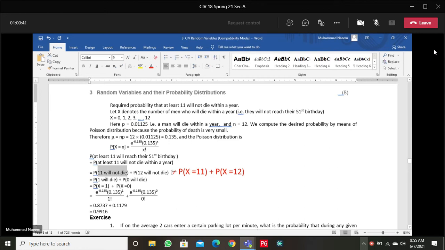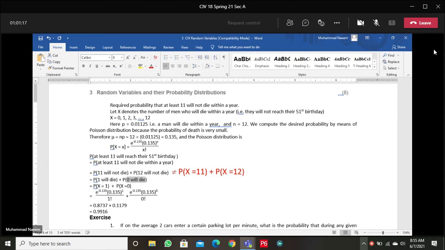Okay, now we should think alternatively. 11 will not die means 1 will die out of 12. And 12 will not die means 0 will die. As our variable shows the number of people who will die, this will be exactly for X equal to 1, and this probability will be exactly equal to X equal to 0.